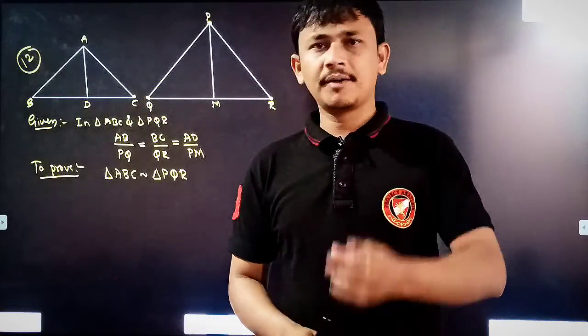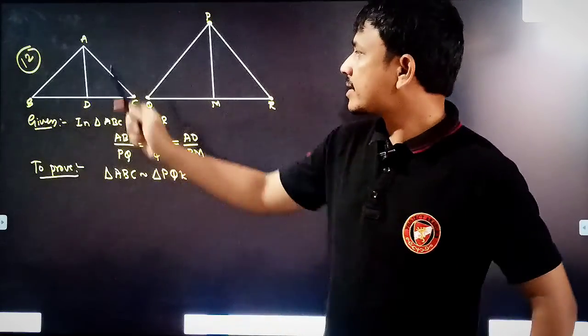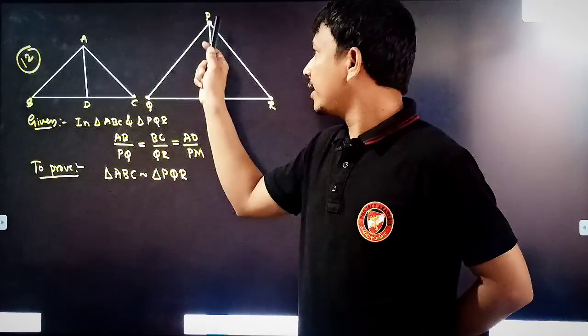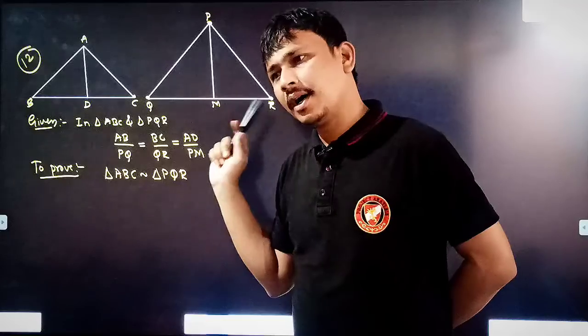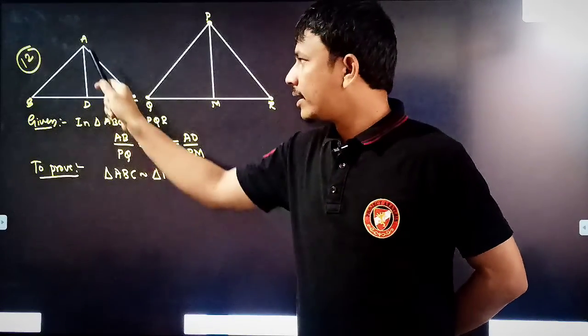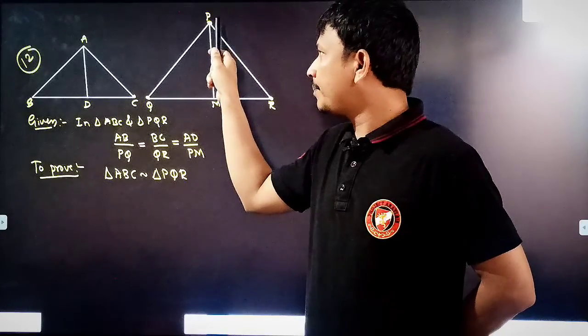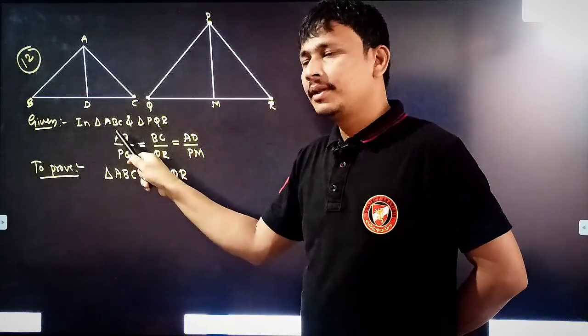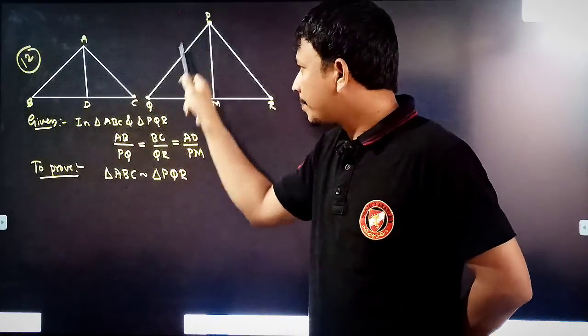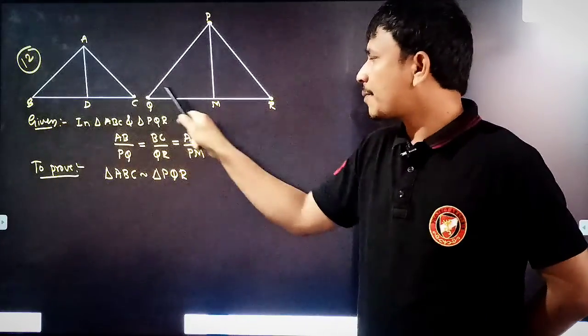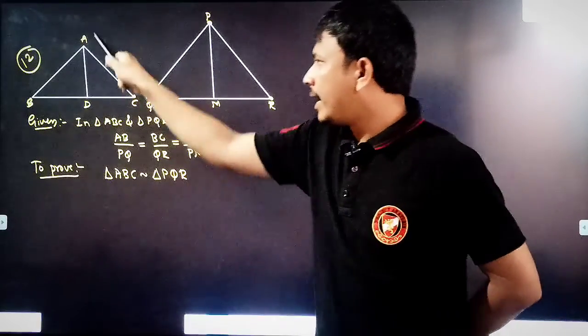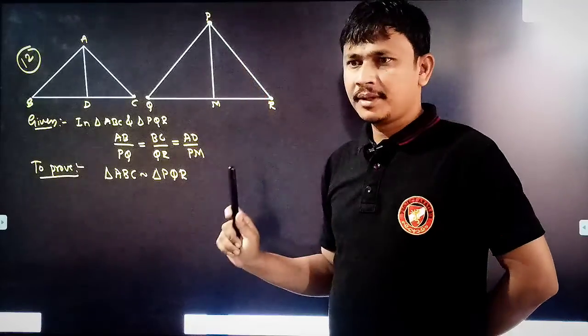Question number 12. In the question they have given two triangles. One is triangle ABC, another triangle is PQR. AB is proportional to PQ, then BC is proportional to QR, AD is proportional to PM.